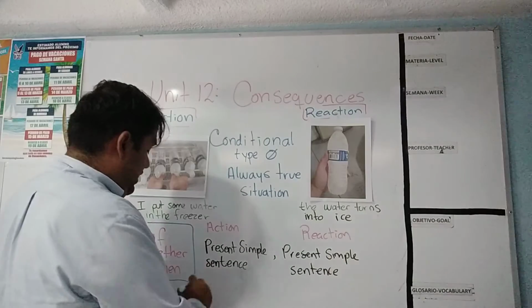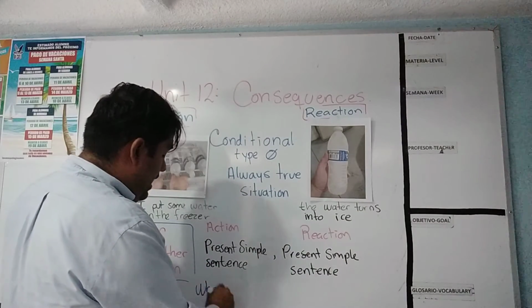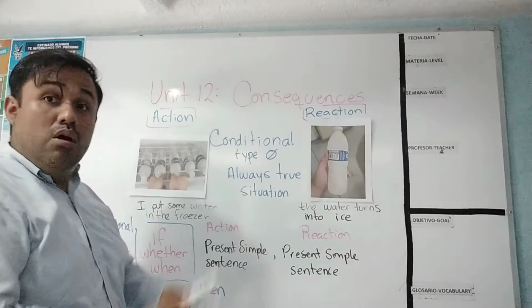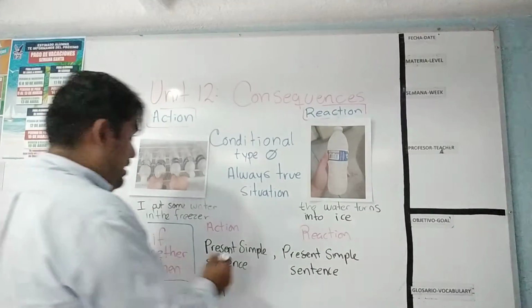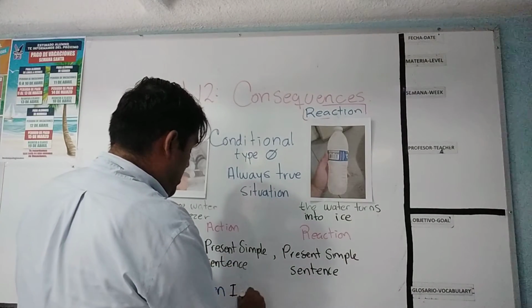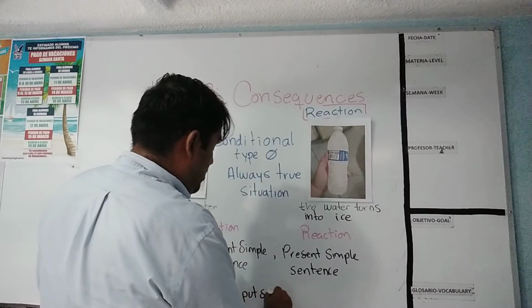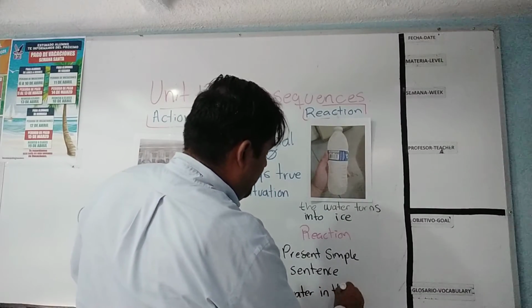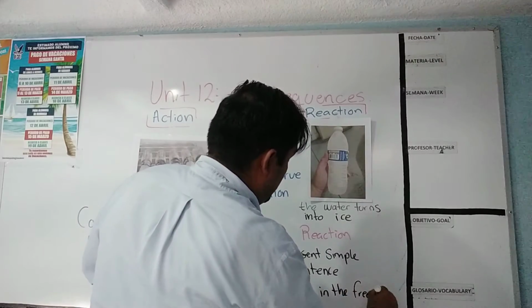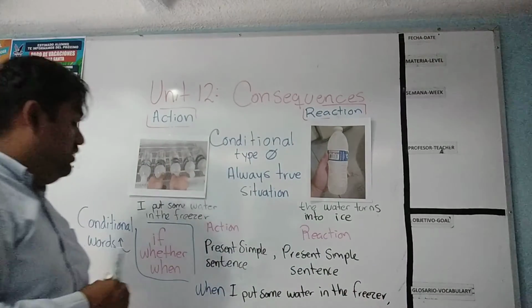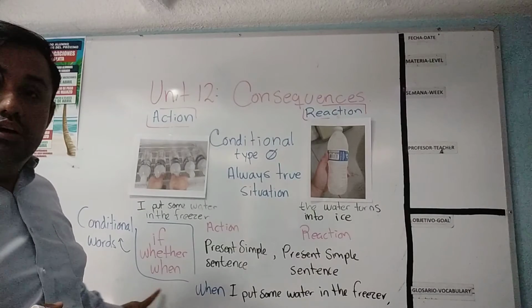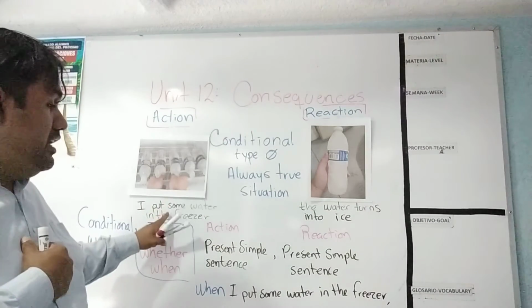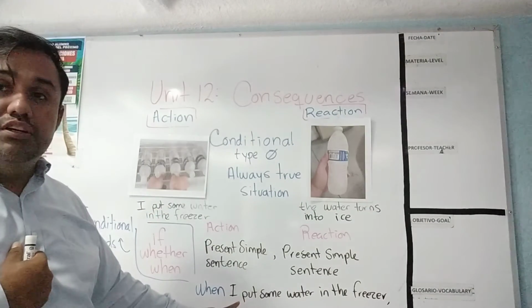So it happens like this. I say, when I put some water in the freezer, this is my action. This is my conditional word, when. And this is my action: I put some water in the freezer.